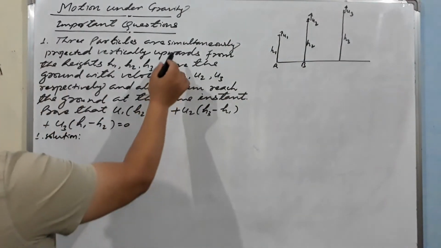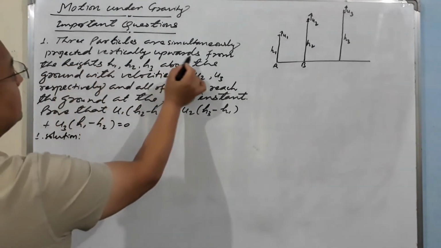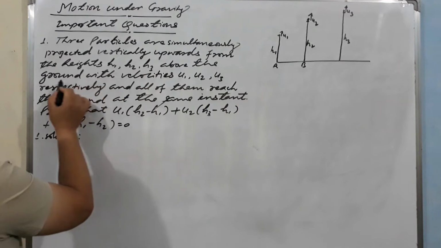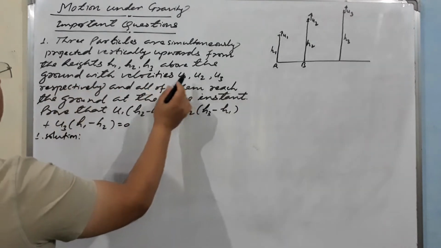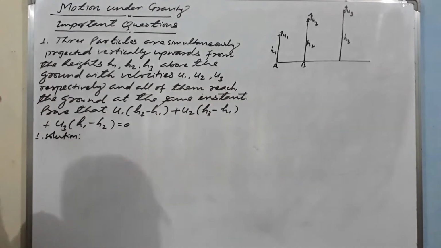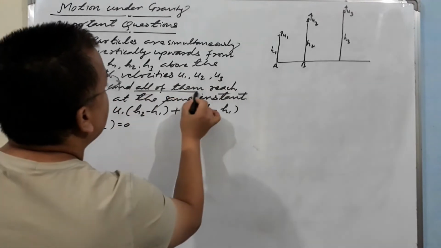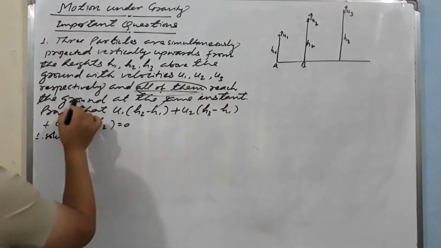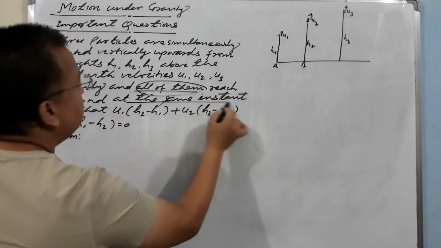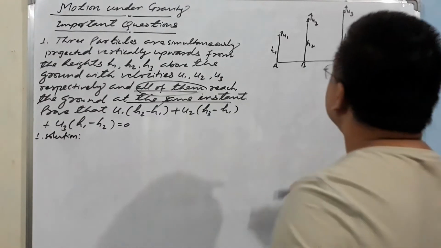Three particles are simultaneously projected, means at the same time we project them vertically upwards from heights above the ground, with initial velocities u1, u2, u3 respectively, and all of them reach the ground at the same instant.